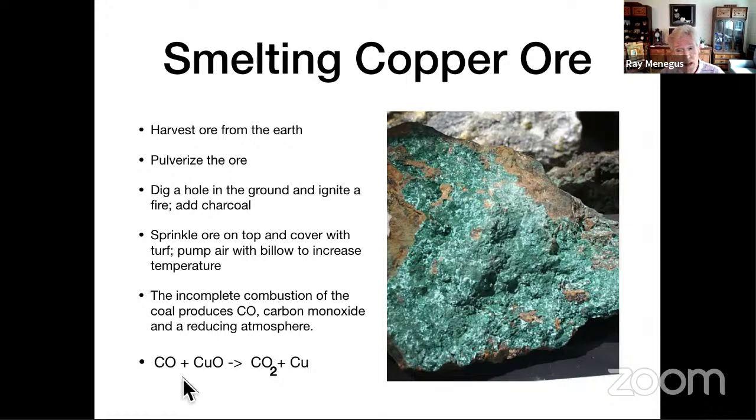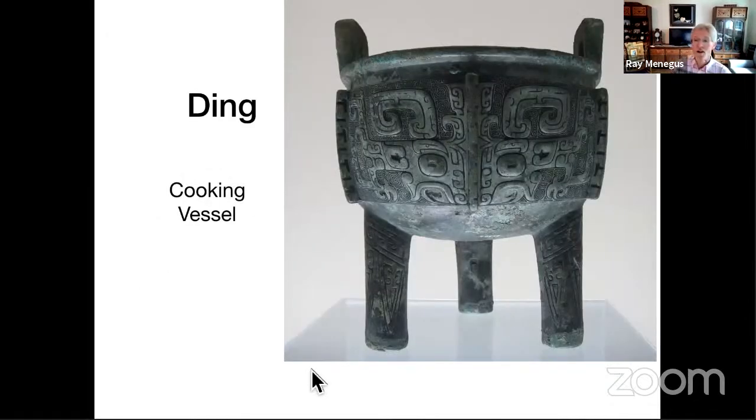The fact that you're working these kilns in a reduced oxygen environment doesn't allow for the carbon to completely combust, turning it into a reducing atmosphere that reduces the charge on the copper. Okay, moving along.